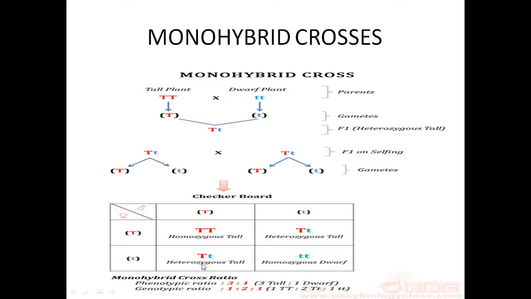Capital T, small t, we call it heterozygous tall. When both are capital letters, this condition we call homozygous. Capital T, small t, where one is capital T and the other is small t, we call heterozygous tall.